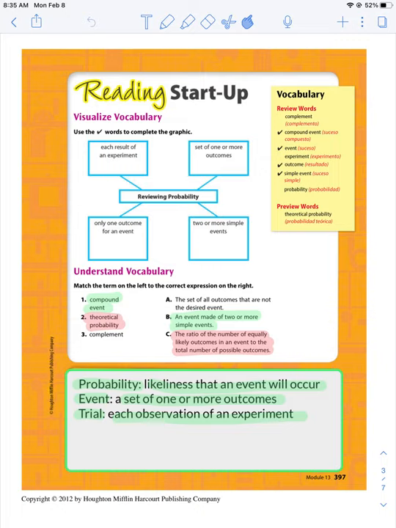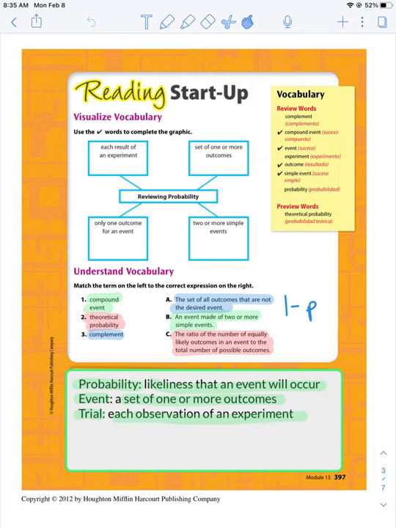And the last word I want to talk about right now is a complement. A complement is the set of all outcomes that are not the desired event. So this is why we were practicing with 1 minus fractions, because 1 minus the probability of the event is equal to the complement, or the probability that it doesn't happen.